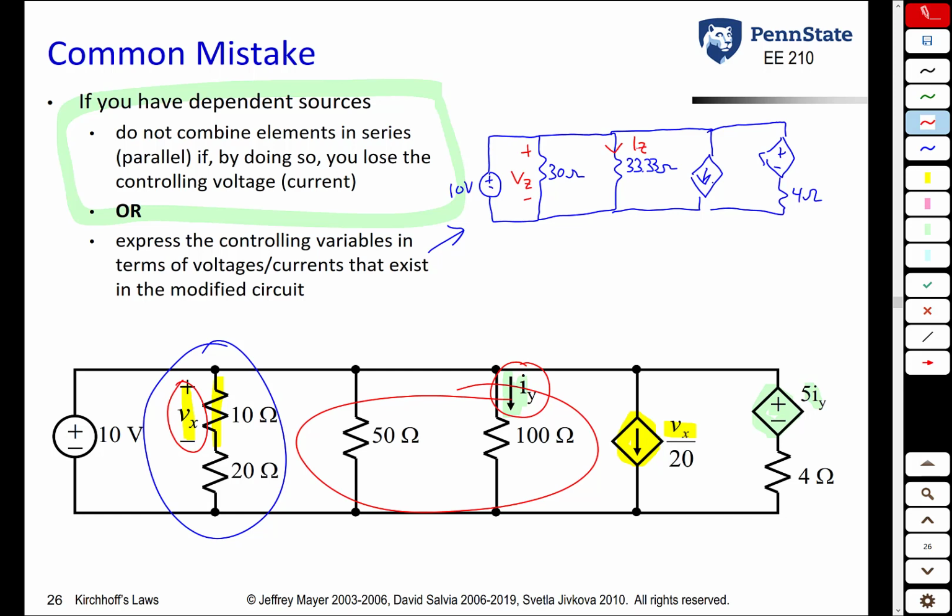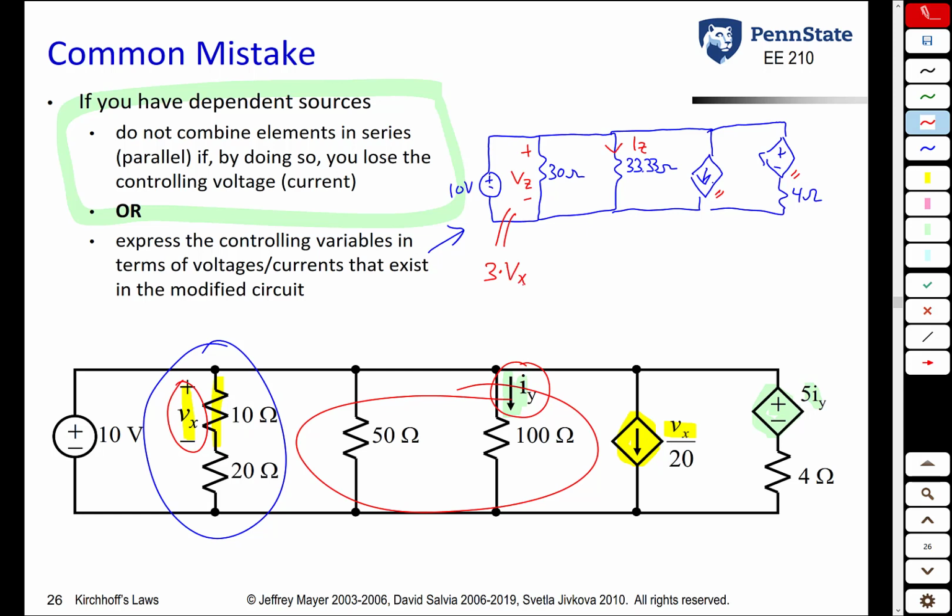When we find expressions for this voltage-controlled current source and current-controlled voltage source, we need to use Vz and Iz rather than Vx and Iy. But what we need to see is how Vz relates to Vx and how Iz relates to Iy. We will see in a later lecture that the relationship between Vz and Vx is that Vz is equal to 3 times Vx.